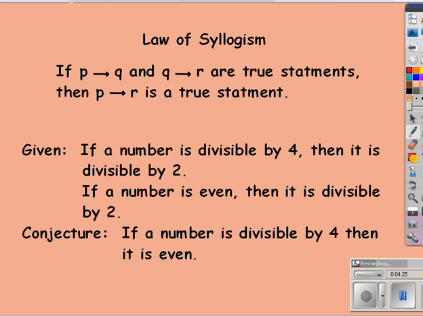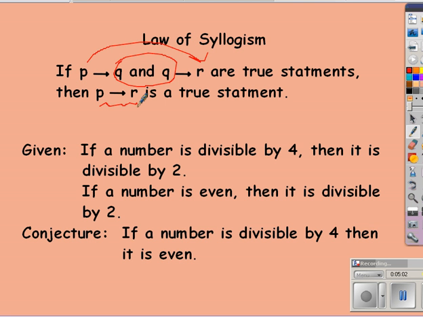They needed 2 conditional statements: if P then Q, and if Q then R. What the law of syllogism says is that if the conclusion in the first conditional, Q, matches with the hypothesis in the second conditional, Q, then we can jump straight from P all the way to R. That's where you get P then R. We're essentially eliminating that middle step.